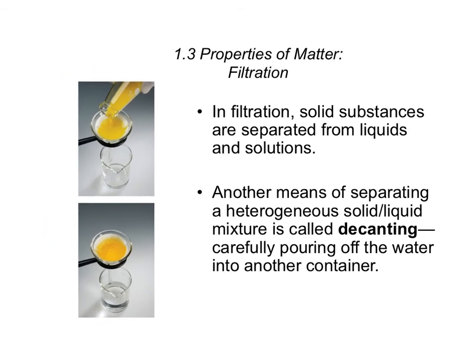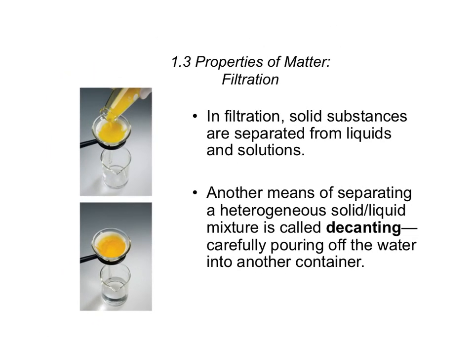So, first thing we're going to say is filtration. Filtration is a means by which we can separate a heterogeneous mixture, okay? A good example of this, again, goes back to not my failed beef stew analogy, but instead the nice little sand water mixture that we had.